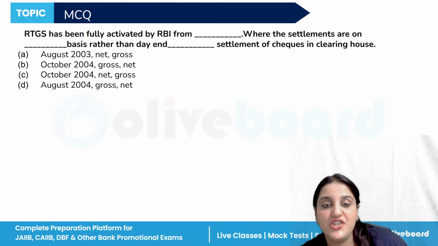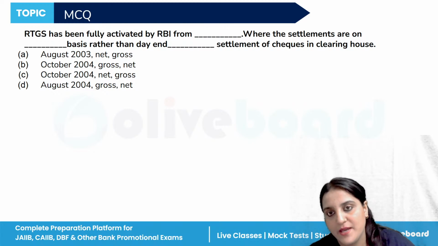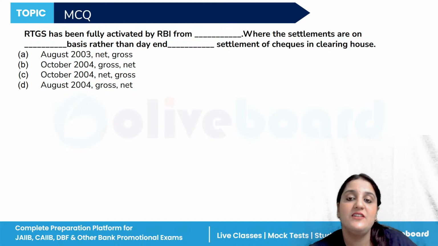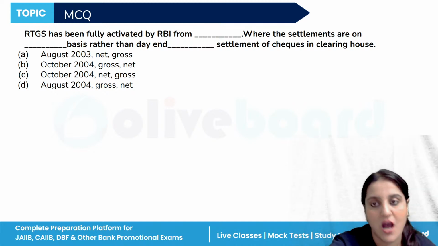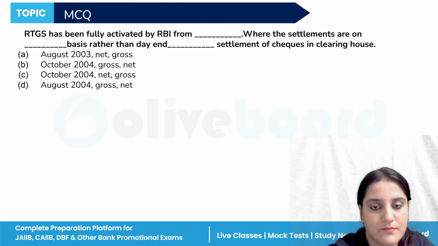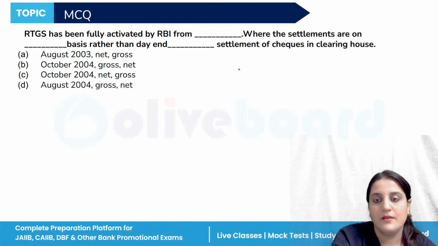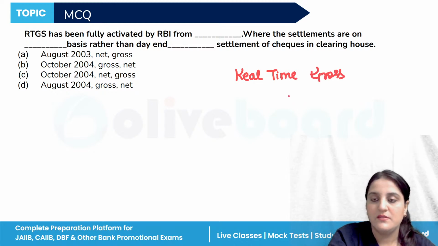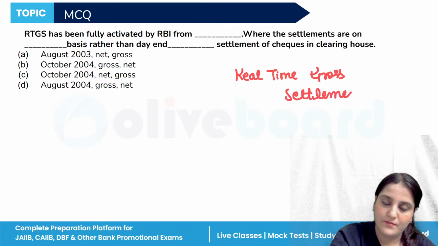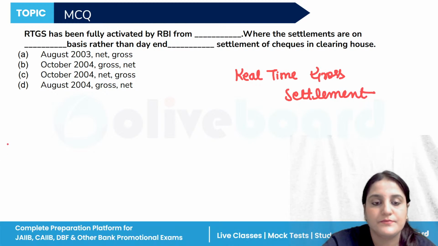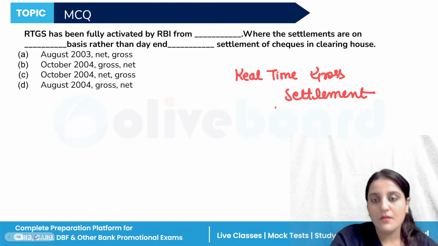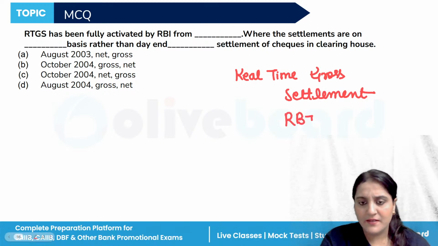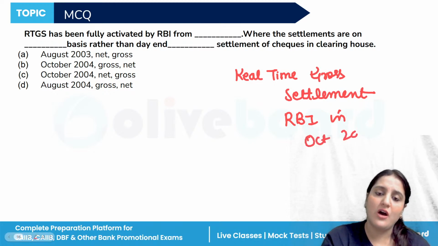Now, RTGS has been fully activated by RBI from dash, where the settlements are on dash basis rather than day and dash settlement of checks in clearing house. RTGS, real time gross settlement, is fully activated by RBI in October 2004.